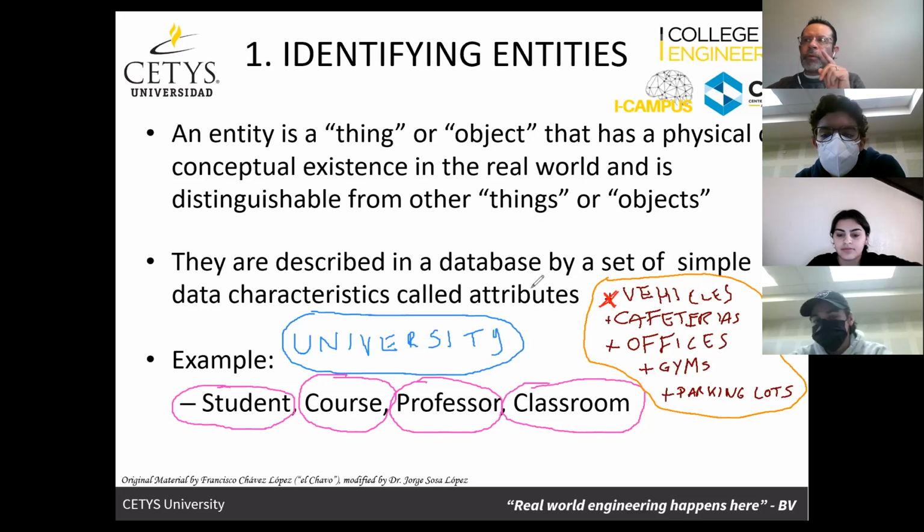Correct. So what I'm getting at is that there can be a lot of entities with regards to a particular real life situation, but there are some that are clearly identified as part of the context of the problem. So for this context, the cafeteria doesn't make sense as an entity.